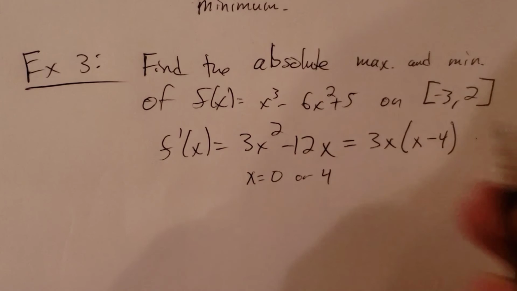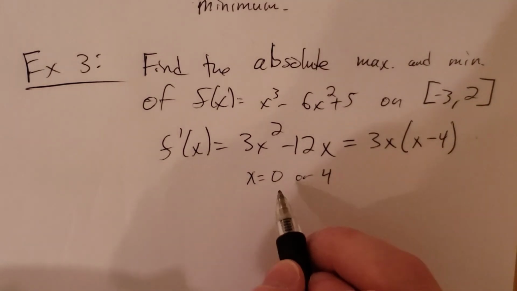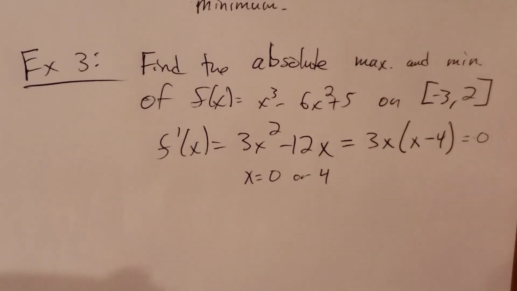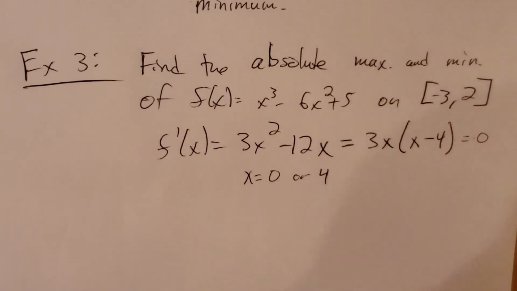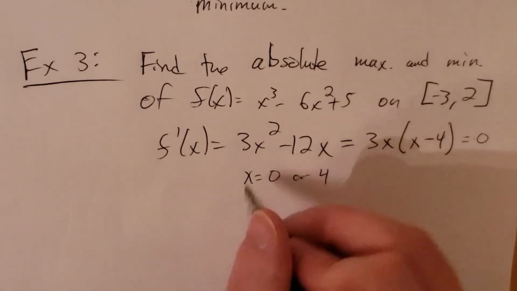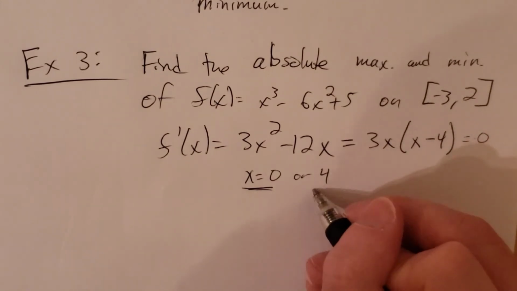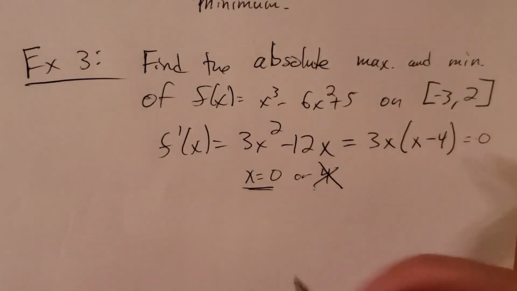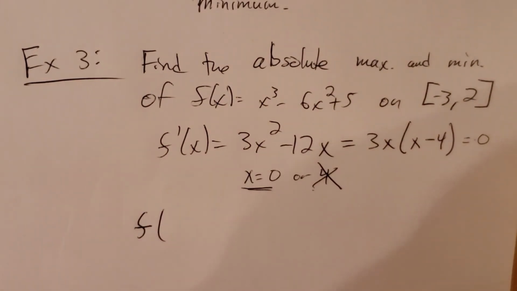We set that equal to 0, and these two values tell us where that derivative is 0. Okay, 0 is in our interval, -3 to 2, but 4 is not, so we can ignore that. So what do we want to do? We want to evaluate f at our critical points and our endpoints.